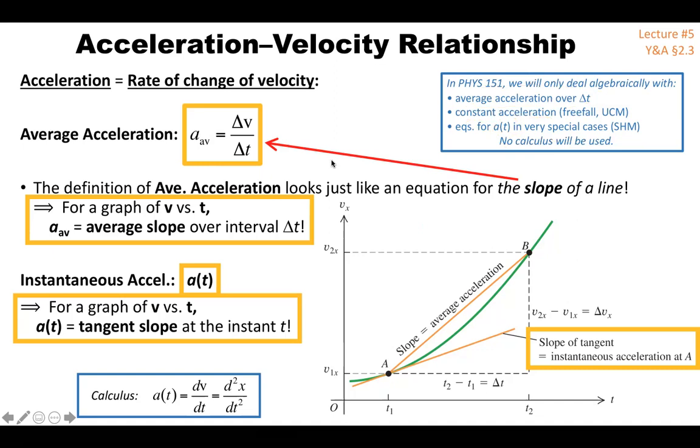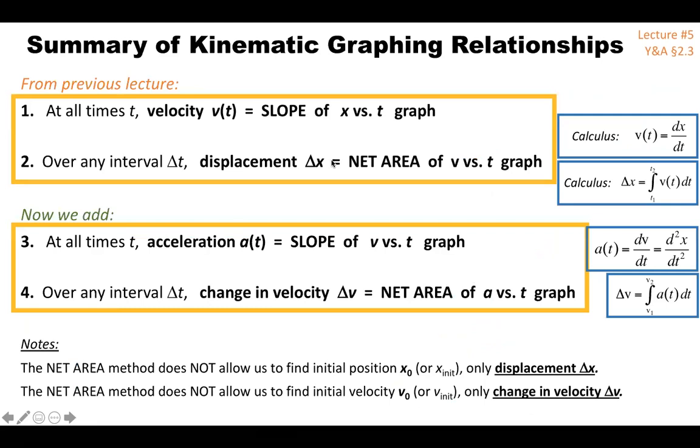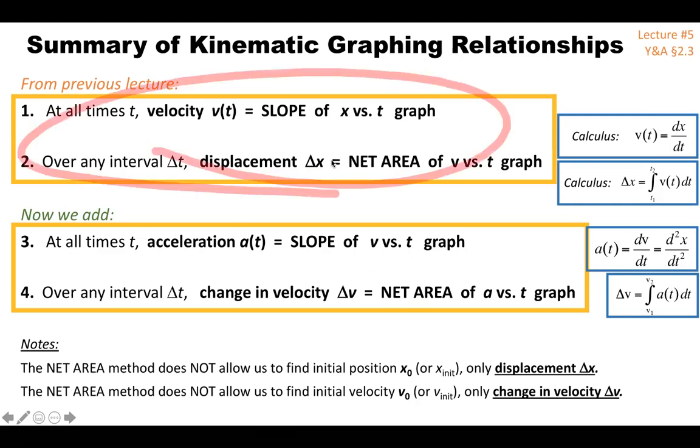So what I was going to say is we can now take what we've learned here about acceleration being the slope of the velocity graph and add that to what we had before. So from our previous lecture, we had this earlier part up here where we knew that velocity is equal to the slope of the position graph.